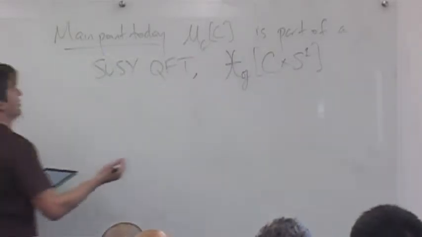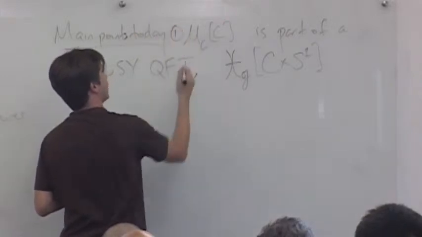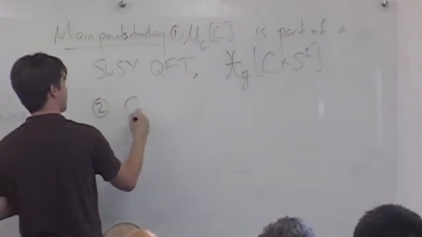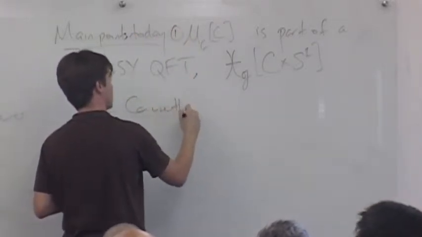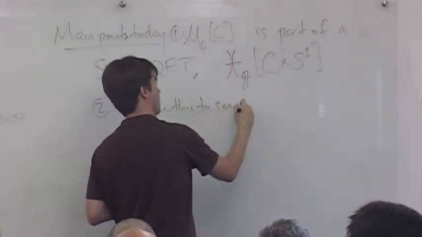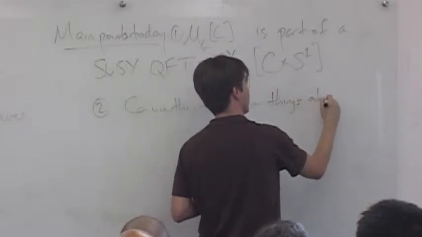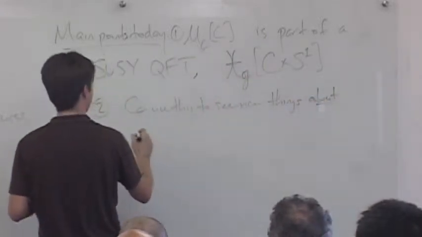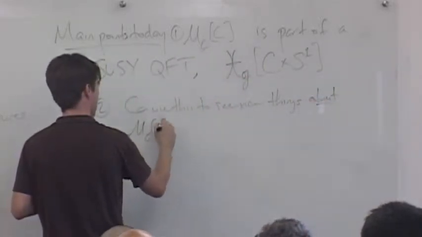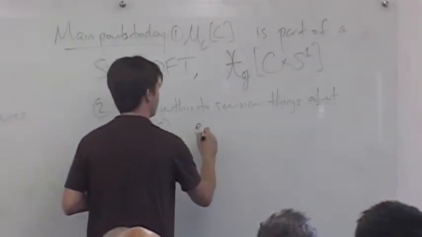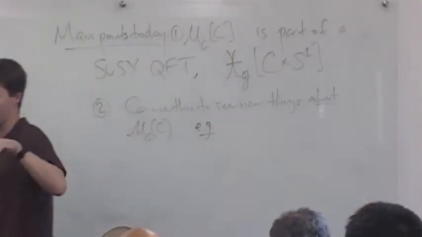And OK, so I guess there are 2 points. The main point, that's the first point. The second point is that you can use this to see new things about M_G of C. And I'll describe one example either today or in the next lecture. This is kind of the most decategorified thing that you could imagine.